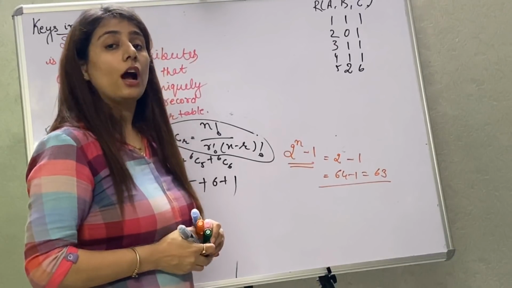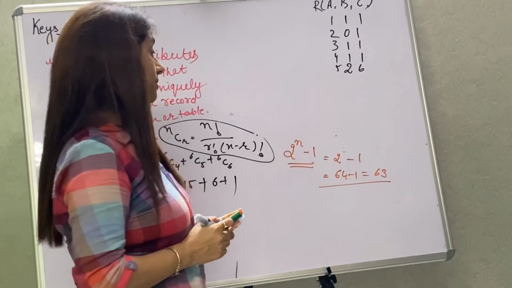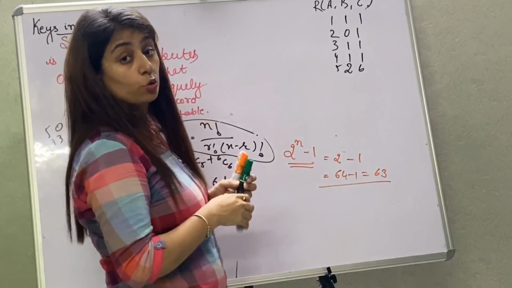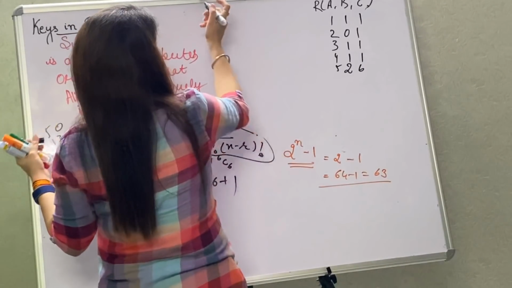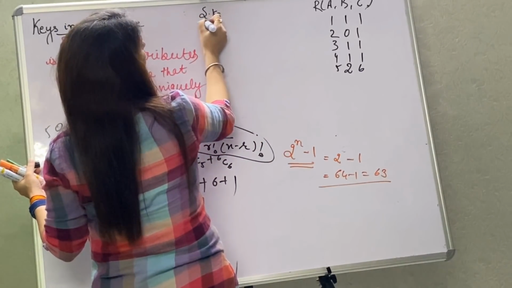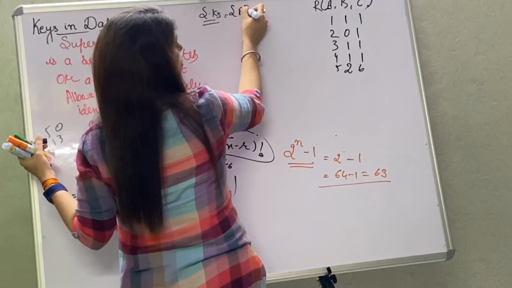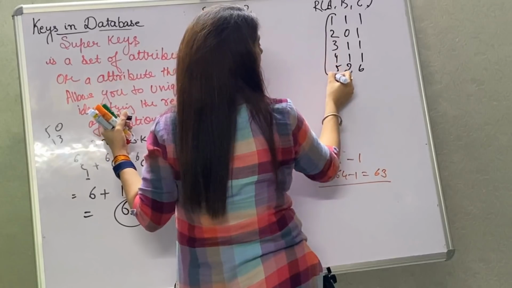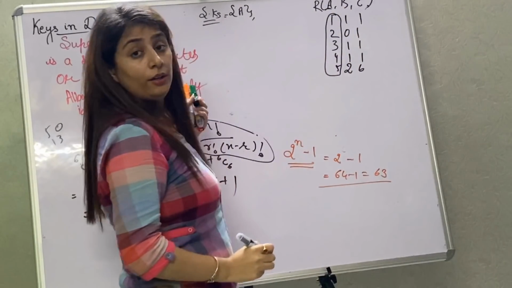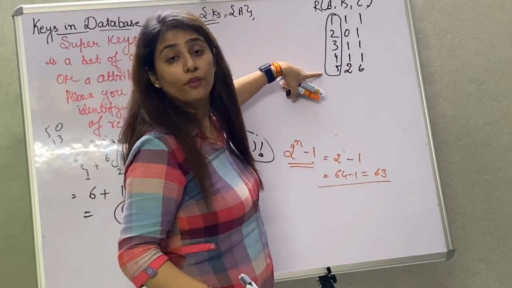So just suppose I have this relation. Now if I have to count the number of super keys, let's find out the super keys first. So first is A. A is a super key, obviously, because it is uniquely identifying the record. No value is repeating over here.